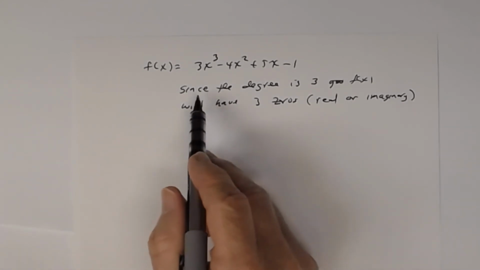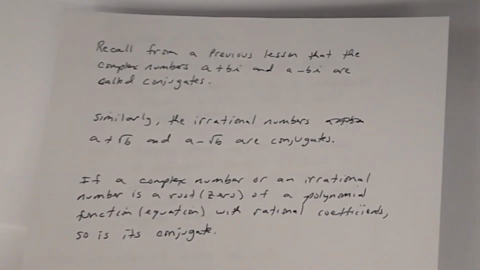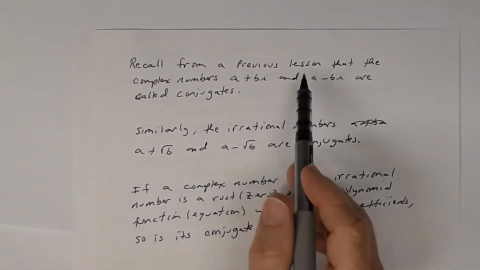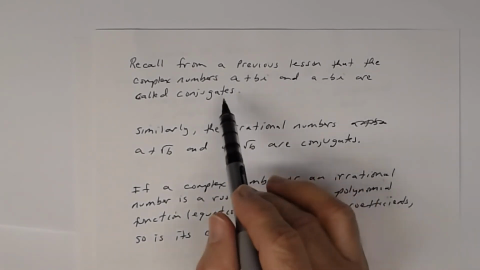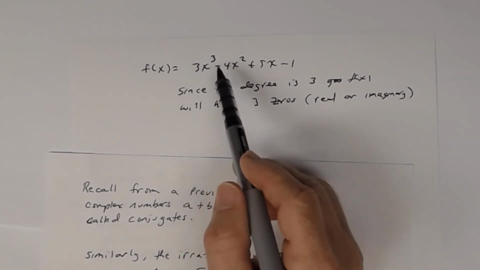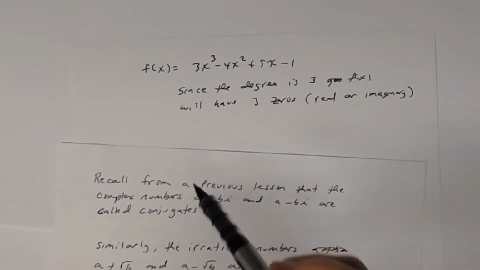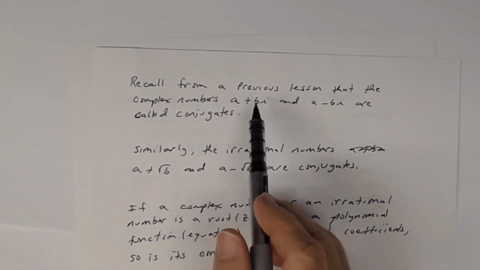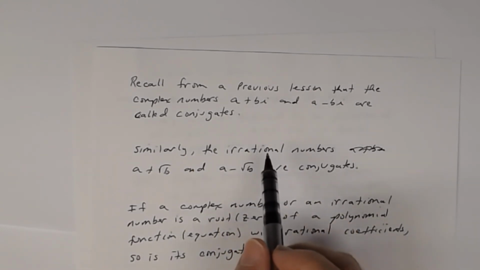Now, remember we also talked about this from one of our previous lessons. Recall that the complex numbers, the imaginary numbers, occur in conjugate pairs. So if you have real coefficients, and these are real numbers, 3, -4, 5, -1, then if you have any imaginary number, its conjugate will also be a zero as well.